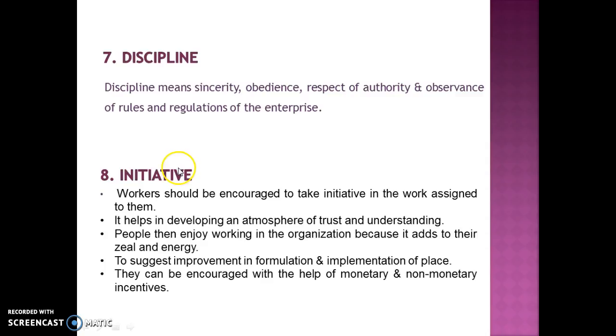Next, initiative. Workers should be encouraged to take initiative in the work assigned to them. It helps in developing an atmosphere of trust and understanding. People then enjoy working in the organization because it adds to their zeal and energy to suggest improvements in the formulation and implementation of plans.